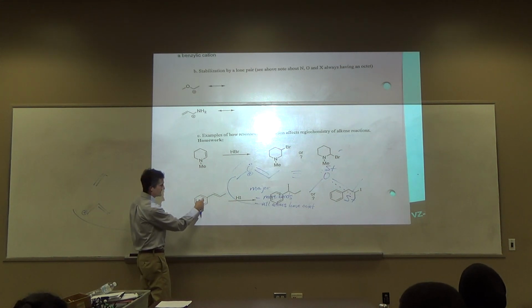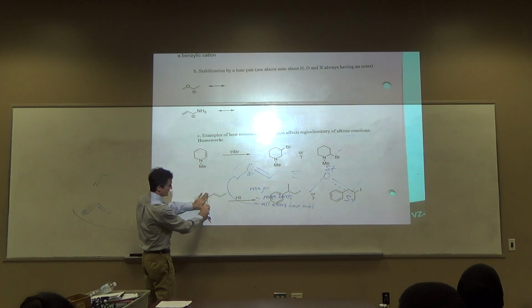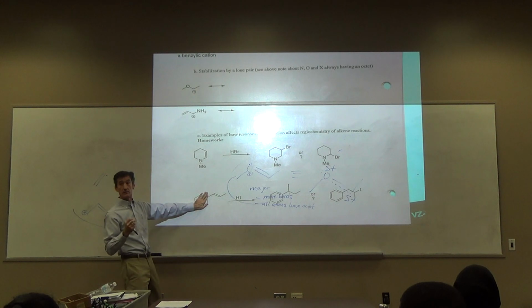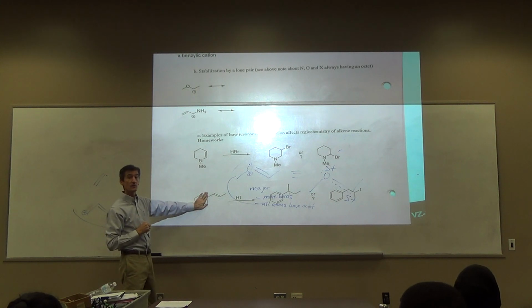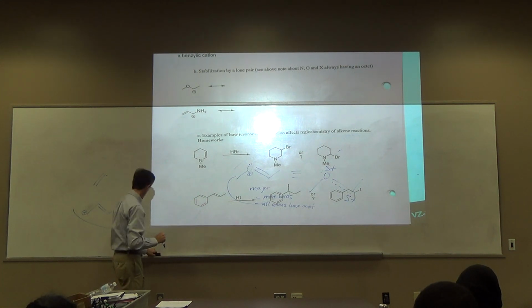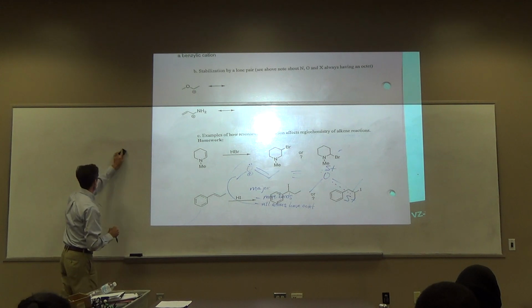Here's your alkene. Where are you going to make the cation? Right or left? They're both secondary. But do you see something else that's going to help cations? Again, draw both cations and look at them. You have to do this.